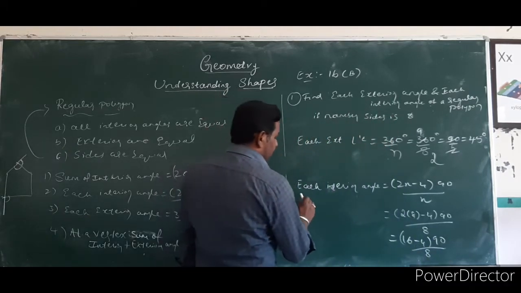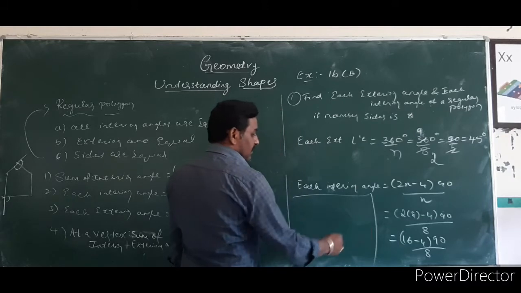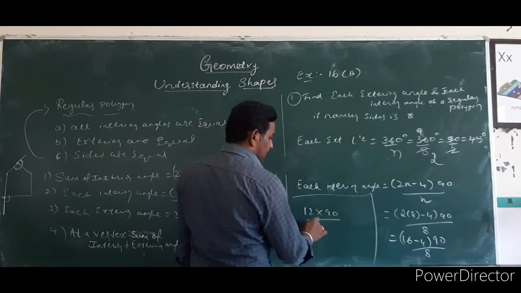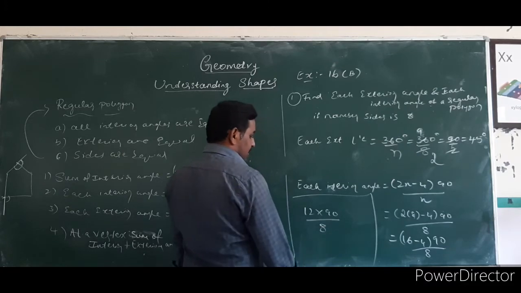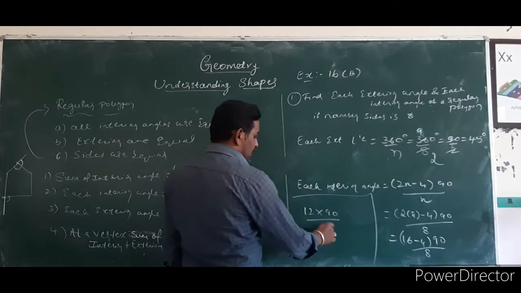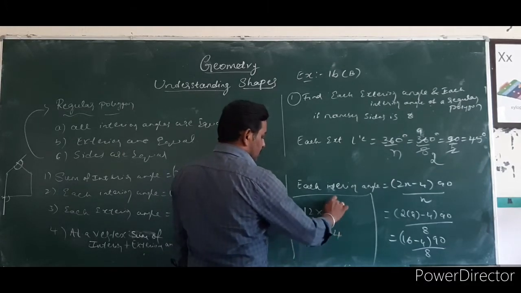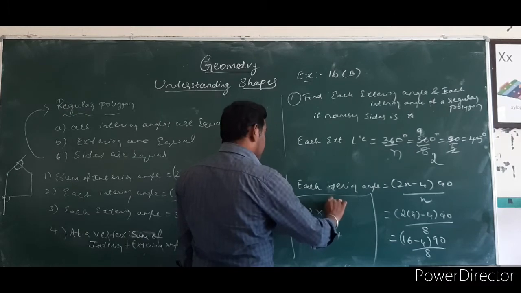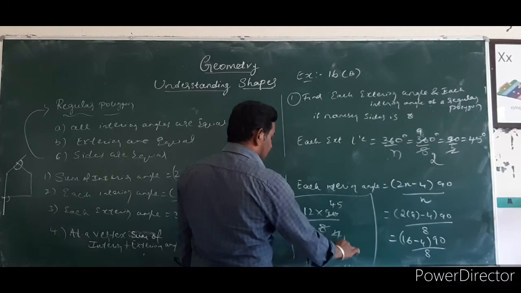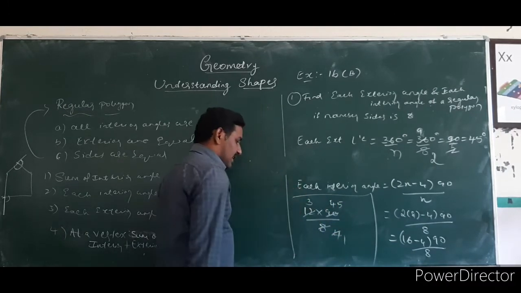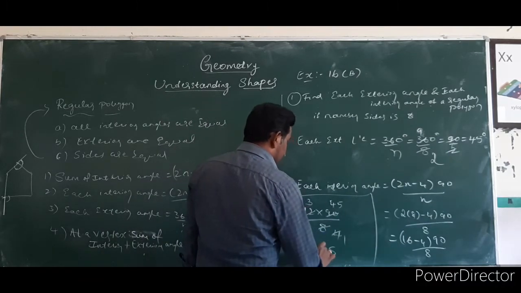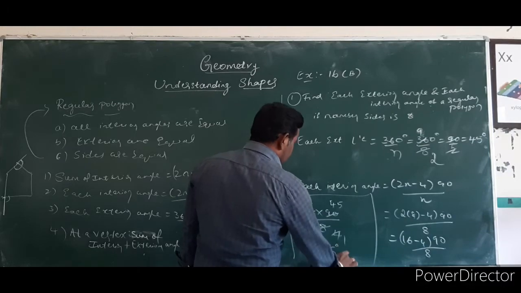2 eights are 16. 16 minus 4 is 12, times 90 divided by 8. You can cancel: 2 fours are 8, and cancel by 2, 45. 4 ones are 4, 3 fours are 12, 3 fives are 15, so 135.